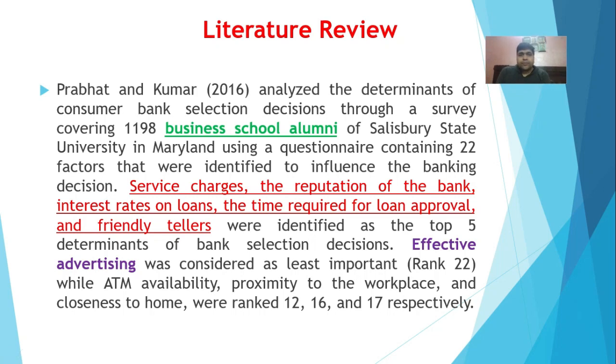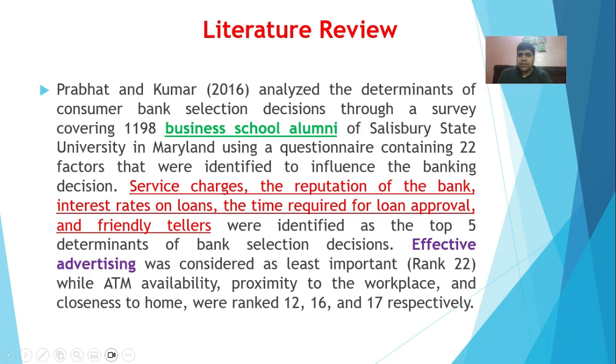Now, in a paragraph form, I write: Prabhat and Kumar 2016 analyzed the determinants of consumer bank selection criteria decisions through a survey covering 1198 business school alumni, Salisbury State University of Maryland, using a questionnaire containing 22 factors, and they found the following. They identified the top five determinants of bank selection decision.